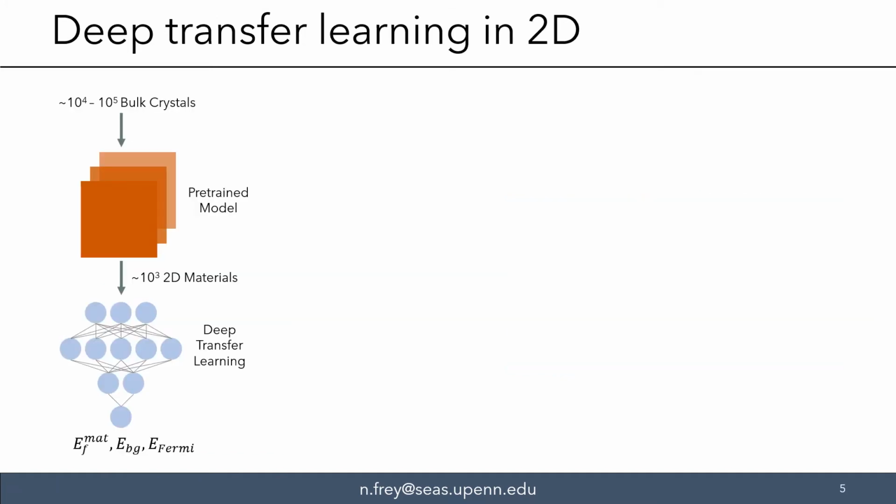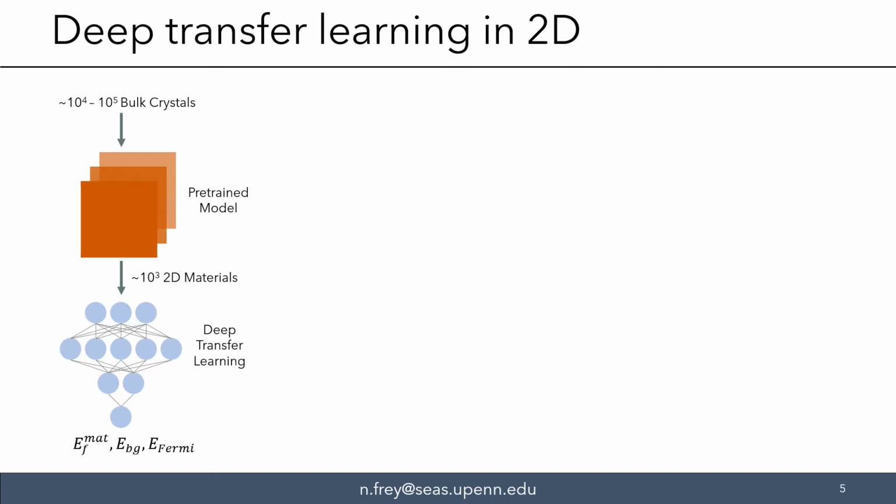To get started, we need to be able to identify host materials with properties that make them useful and usable for these defect technologies. So to predict those properties, we use something called deep transfer learning, where starting with a deep neural network that is trained on 10,000 or even 100,000 bulk 3D crystals, the model is able to learn something about the physics and structure that allows us to predict properties.